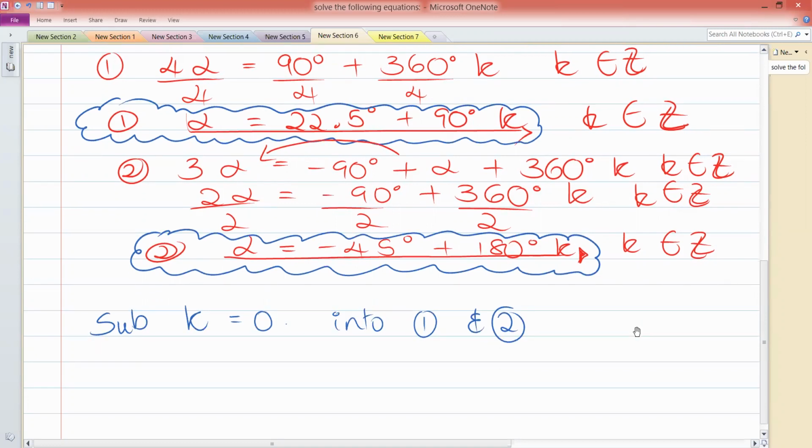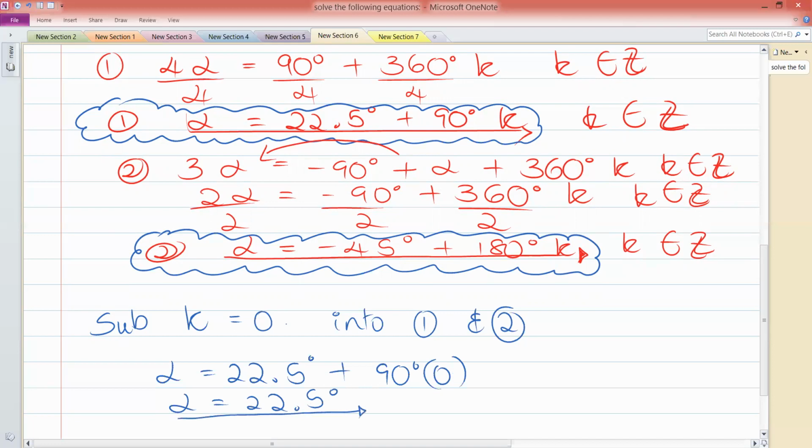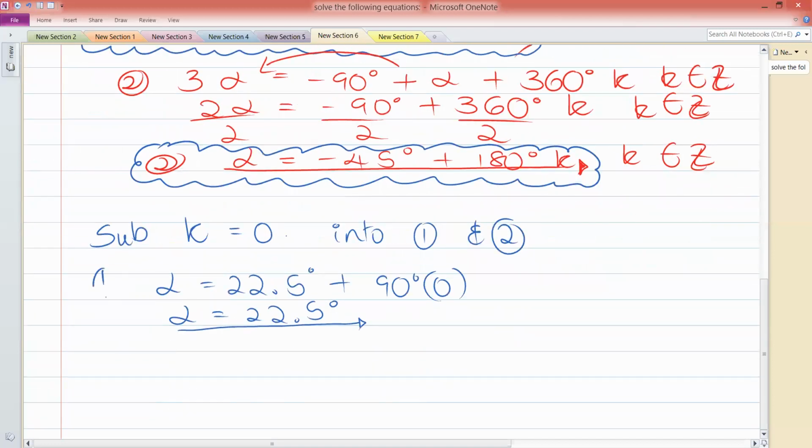All right, so the first answer in equation 1, remember, if you weren't here last time, this is how we do it: 22.5 degrees plus 90 degrees times k, which is 0 here. So this just becomes 22.5 degrees. So that's the first one into the first equation. If I do the same thing in the second equation, what do you guys think my answer is going to be?